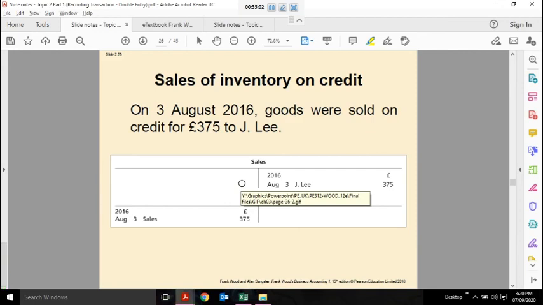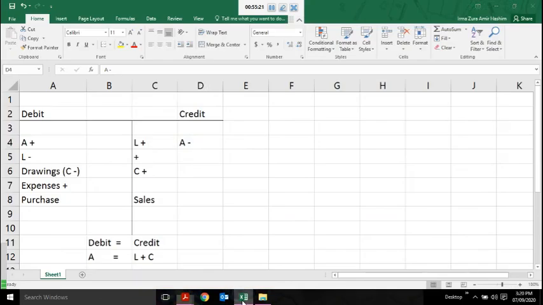When your goods are sold, let's say your laptop is sold, your inventory becomes lesser, right? And instead of recording it as inventory, we record it as sales. Whenever there's an increase in your sales, you record it on the credit side. This is the contra of purchases, right? When you purchase, you will have more, and when you sell, you record on credit.